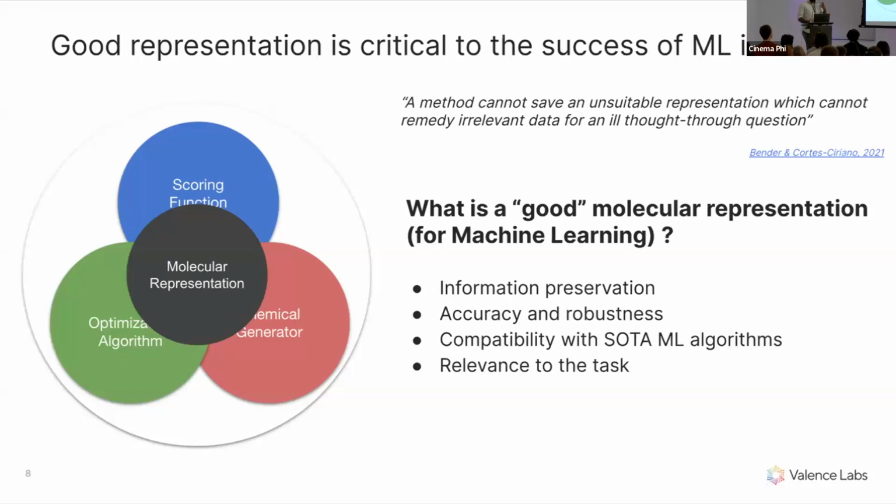So if you have any prior knowledge, any understanding of the chemistry or biology, you will want to embed that into your representation. It does not need to be done manually, but making sure that your representation is able to capture some of these insights is critical to getting good performance.